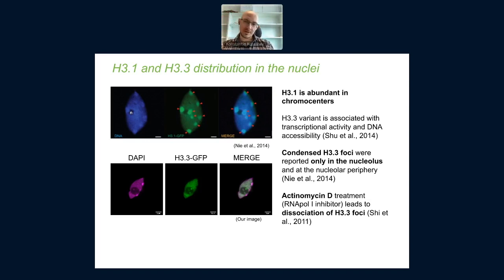So there is some link that was further reported between H3.3 and RNA polymerase 1 transcription within the nucleolus. This led us to this study to investigate how H3.1 and H3.3 participate in regulation of the rDNA.